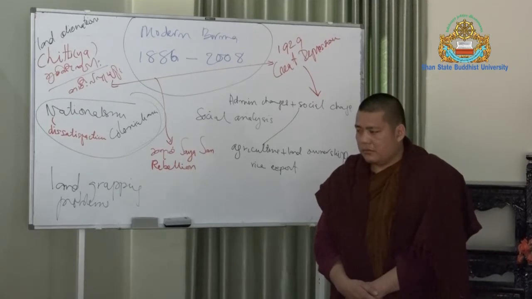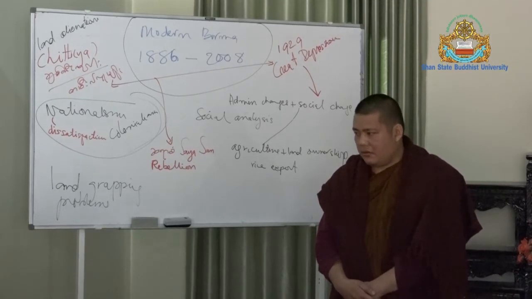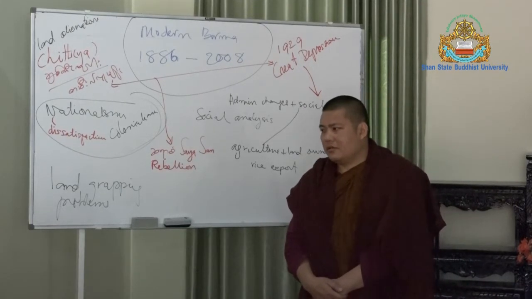Number two, the area where the king could collect tax was getting smaller, so they couldn't get a lot of tax. Now the king had to increase the tax many times. When the king increased the tax many times, the people couldn't pay, so they just left for Lower Burma. And Thant Myint-U in his Making of Modern Burma also mentioned this.